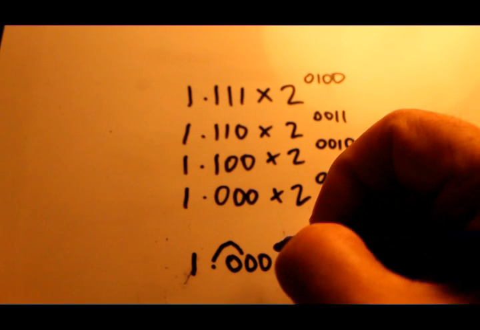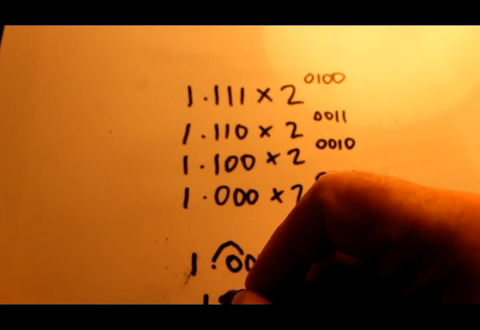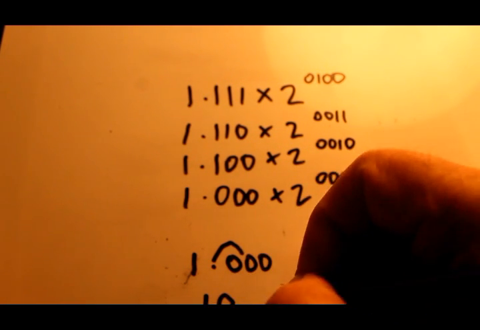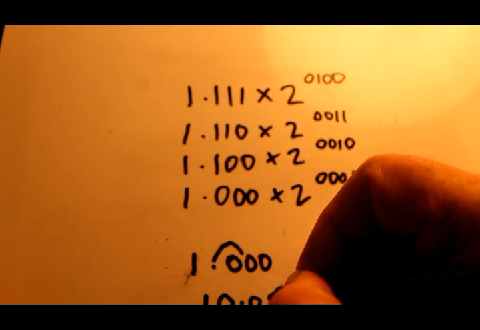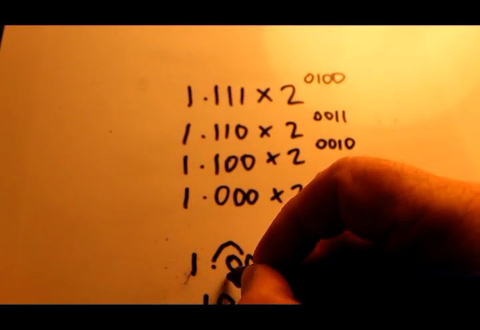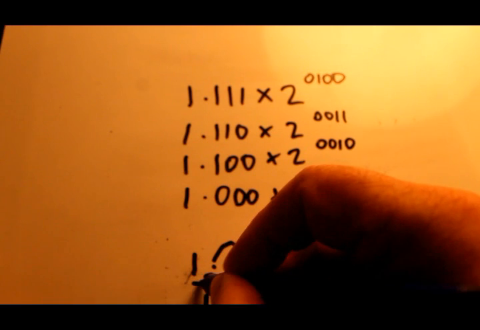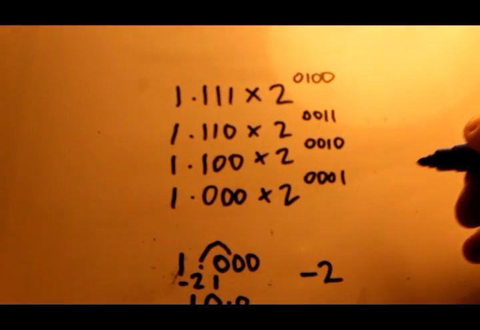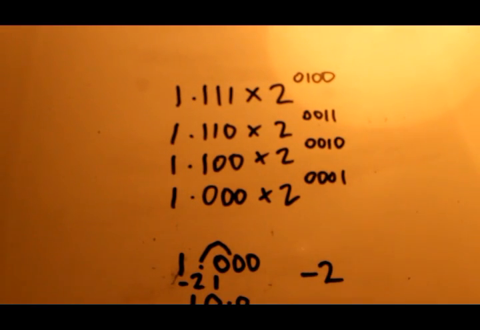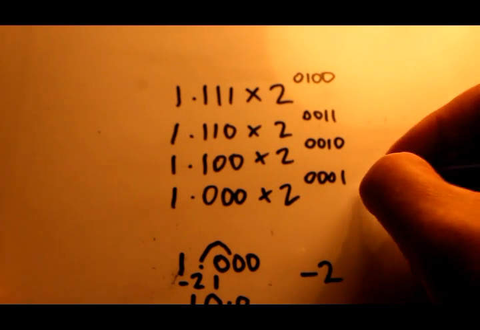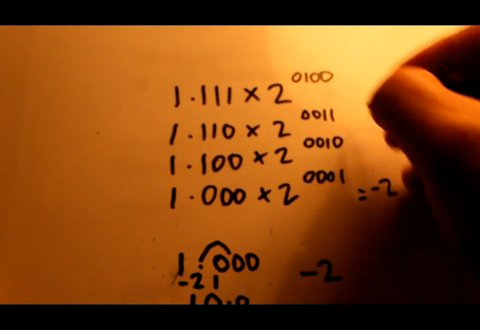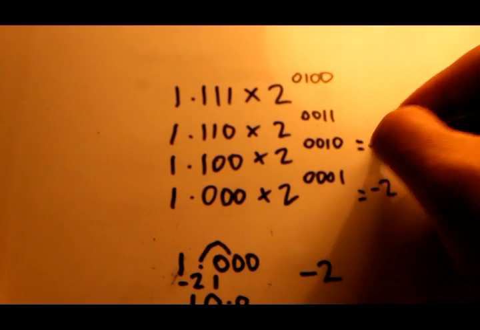So what we have is this number here. Okay, the decimal place would be after that, and you could have as many as you want, but we have 1 and -2 because it's a 2's complement number. So again, we get -2. So each one of these equals -2.